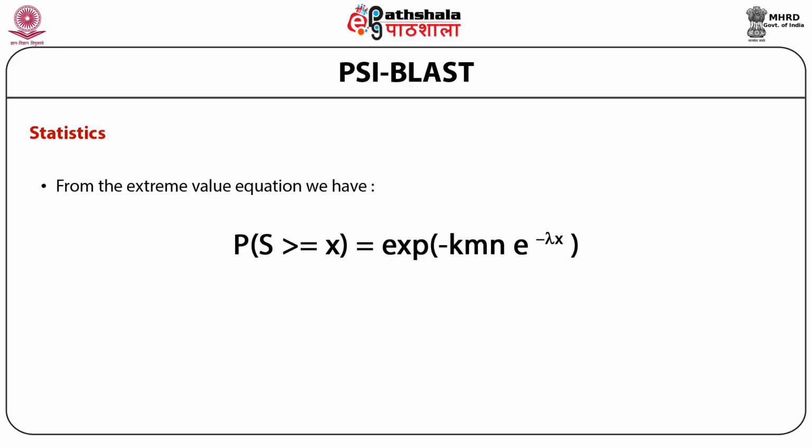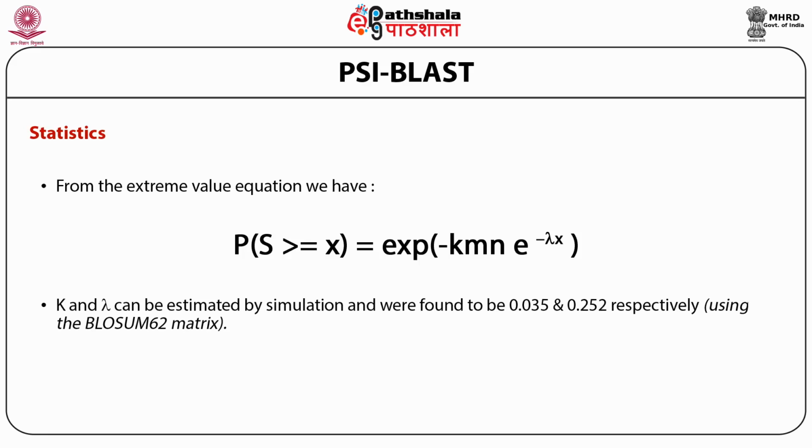As we saw in the previous module, the probability that the BLAST score S is greater than some threshold x is given by the extreme value equation, where K and lambda are scale parameters which can be found by simulations, and for every scoring matrix there are different values. So for the BLOSUM matrix, K is 0.035 and lambda is 0.252. Given that, and fitting it into the extreme value equation, one can find the probabilities.